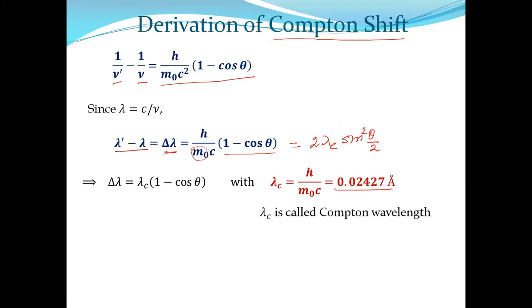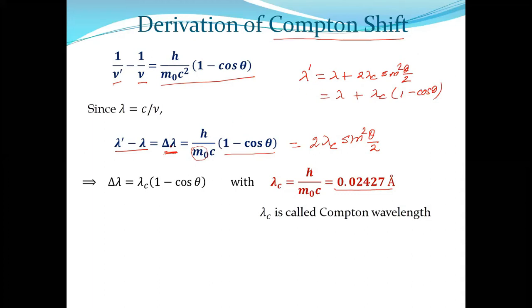Now the point is, this shift, that means the change in wavelength, or the scattered wavelength, will be lambda plus delta lambda, that means lambda plus twice lambda c sine square theta by 2, or if you want to write it this way, lambda plus lambda c times 1 minus cos theta, whatever you prefer.